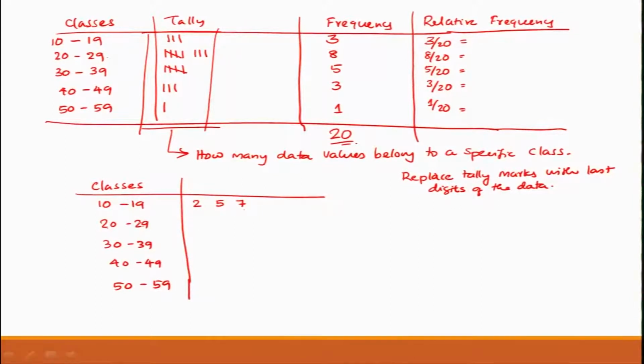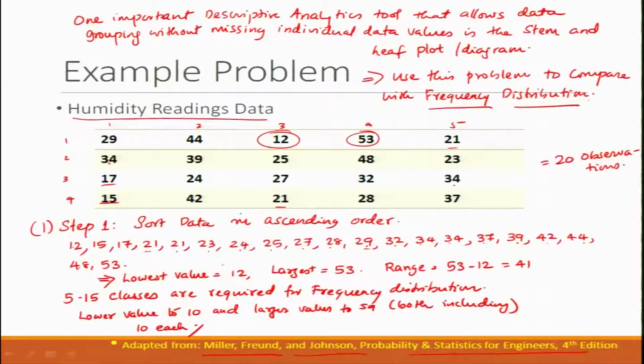Now let us look at 20 to 29. Let us go back and take a look. We have values of 21, 21, 23, 24, 25, 27, 28 and 29. So, you have last digits 1, 1, 3, 4, 5, 7, 8 and 9.